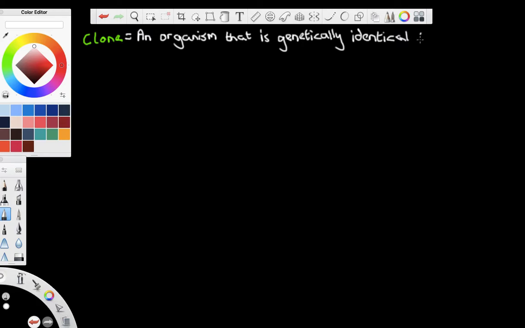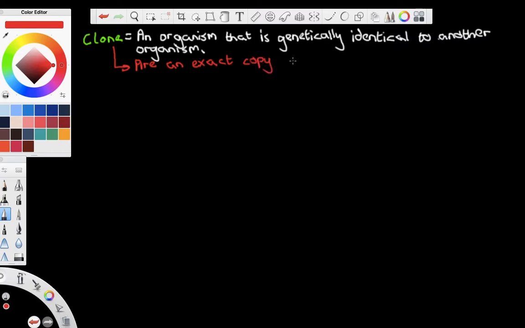Essentially, it is an exact copy of another organism, okay? So I'm going to put that it is, and I'm going to put it in red because it's important. They are an exact copy of another organism.